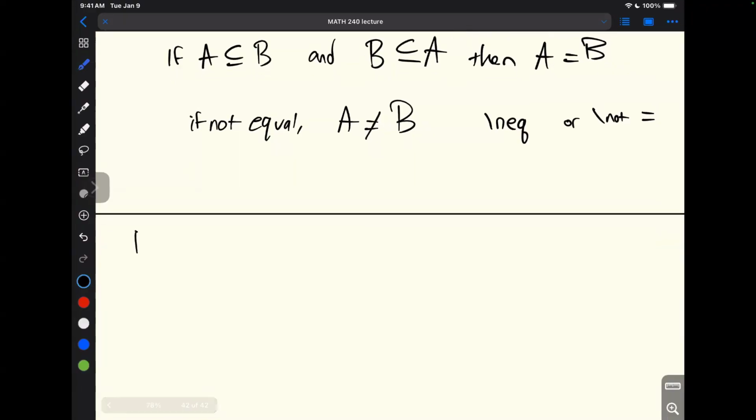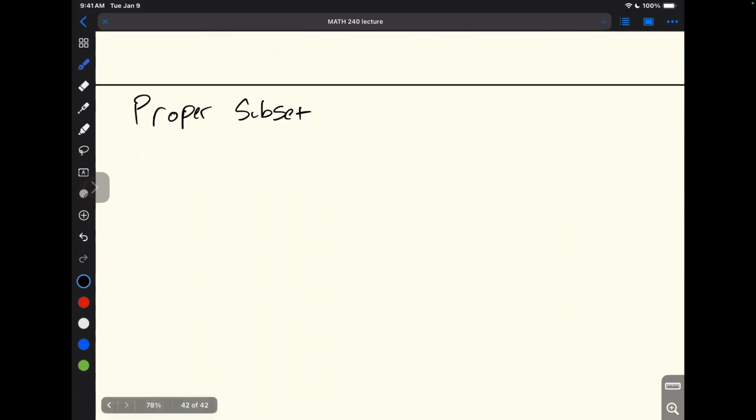Then we've got the notion of a proper subset. If I have two sets that are the same, I can clearly write that one is a subset of the other. It's trivially a subset of the other: 1 through 10 is a subset of 1 through 10.